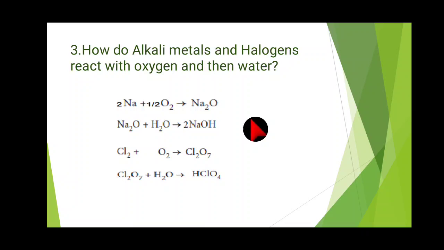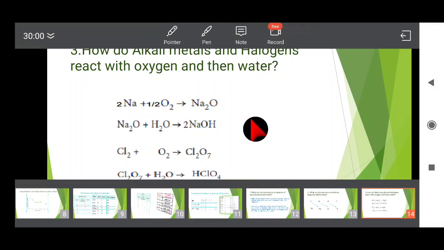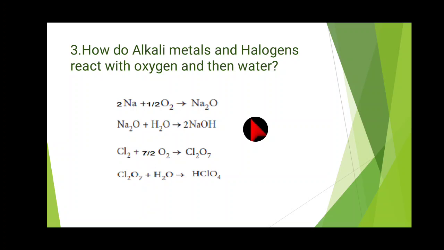The second equation is balanced. Third equation: chlorine Cl2, right side also Cl2. Right side O7 is there, so on the left side 7 by 2 O2; the 2s cancel, so the total number of oxygen is 7. So Cl2 plus 7 by 2 O2 gives Cl2O7. The third equation is balanced.